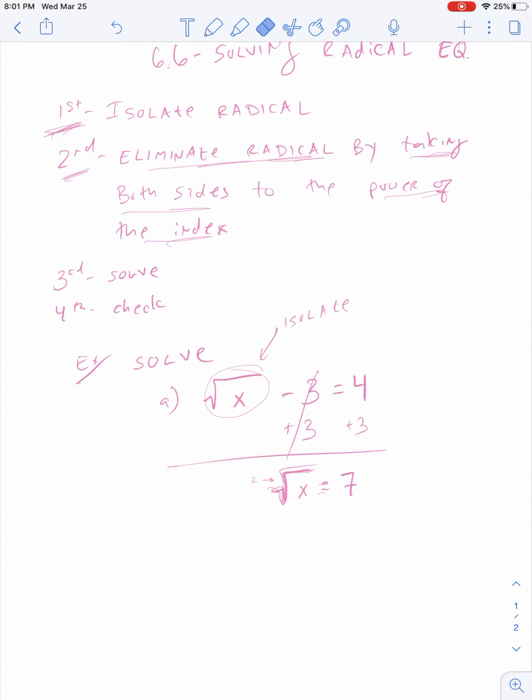Right? So what we're going to do is we're going to take this side to the power of 2 and that side to the power of 2. Because this radical and that power of 2 cancel, and it leaves us with x equals, well, 7 squared is 49.